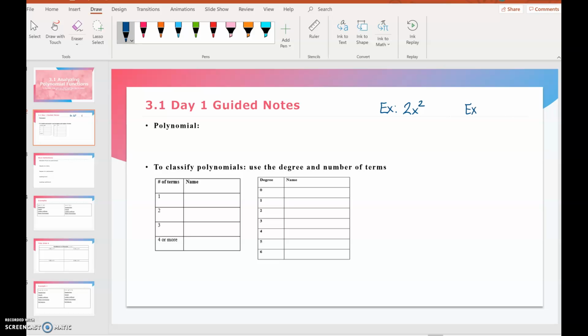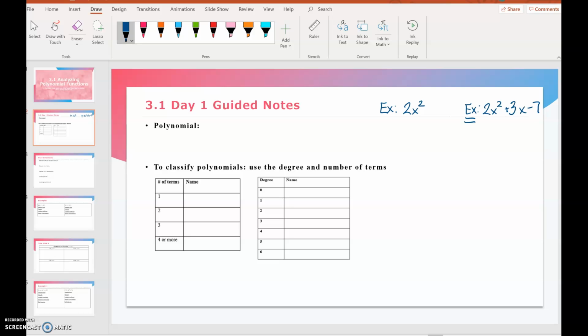Another one would be 2x squared plus 3x minus 7. Those are both polynomials, and you've seen those for quite some time now.